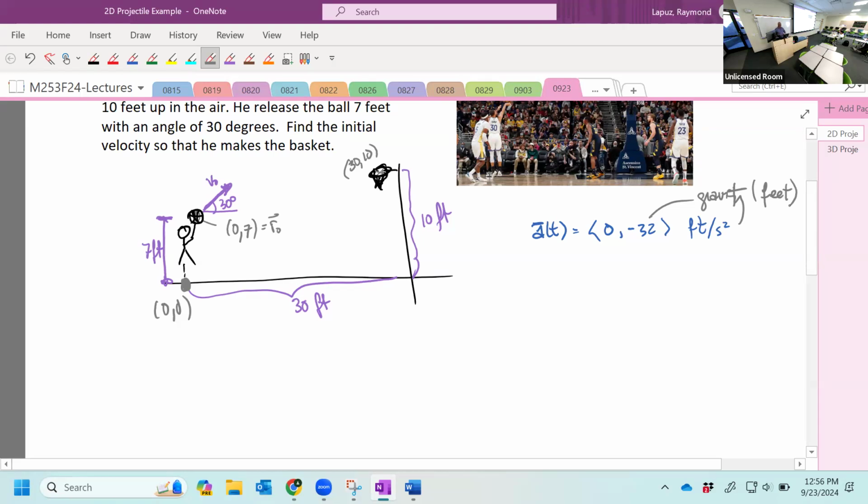All right. So I guess also as we're getting started here, we probably should identify a couple of important things. One of them is here that's already identified. R of 0 is equal to 0, 7. That's our starting point. Now V of 0, the vector, we want to be able to describe this as a vector.